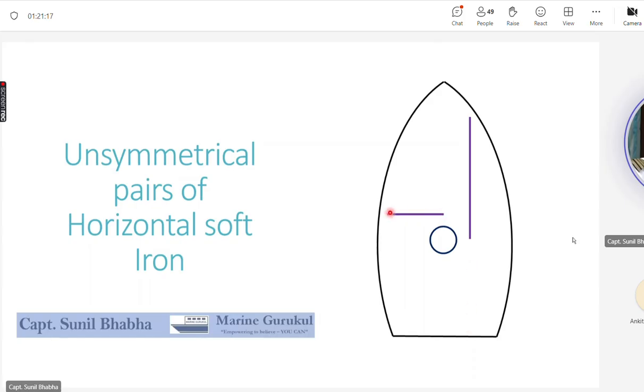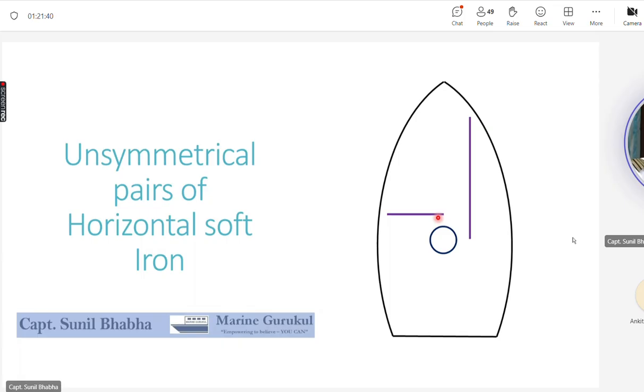Likewise, this athwartship HSI which you see is present only on the port side of the compass and it is not present on the starboard side of the compass. So both these HSI are unsymmetrical. That means they are present only on one side of the compass, and there is a pair present, means both fore and aft and athwartship HSI are present.